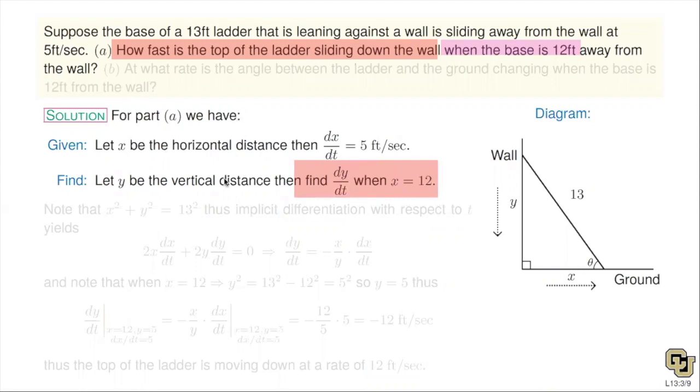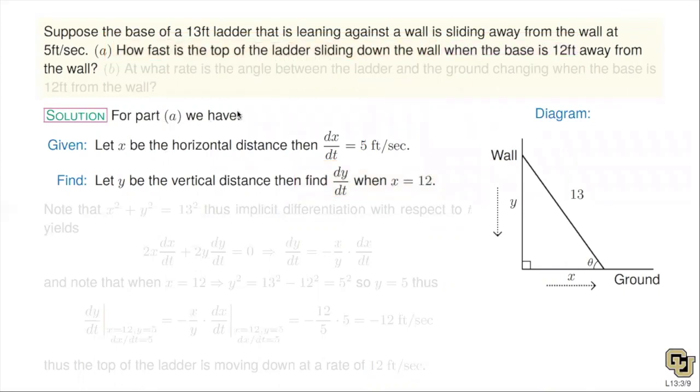When we convert from the English sentence to the math, that's the tricky part. Once you figure out what's given and what you're trying to find, it becomes much more of a standard problem.